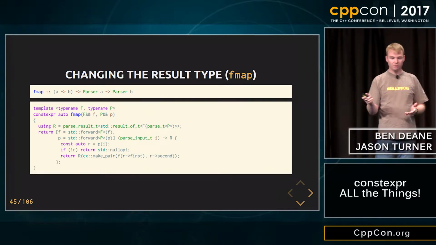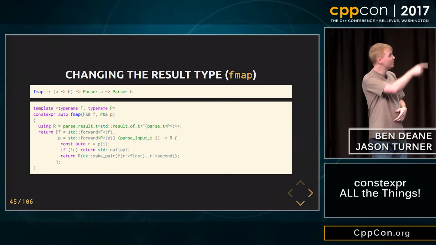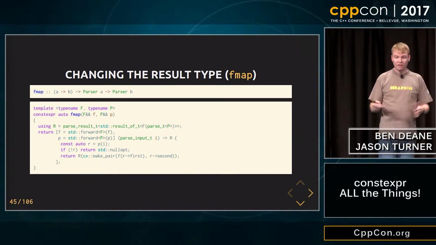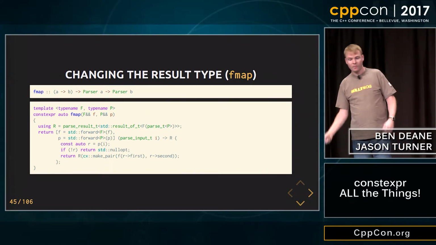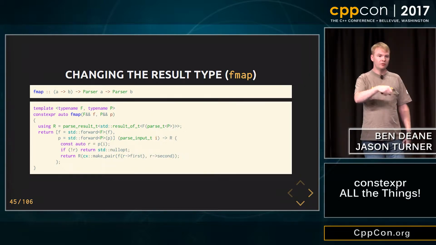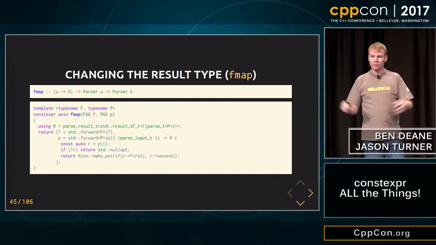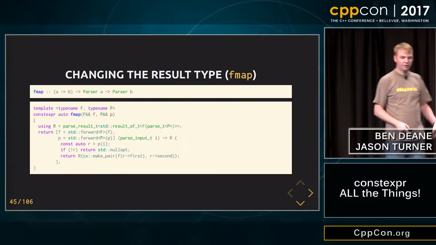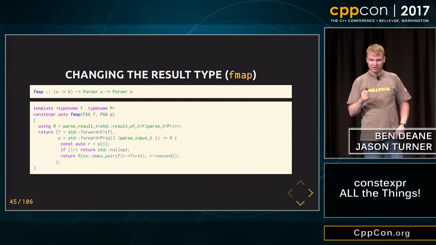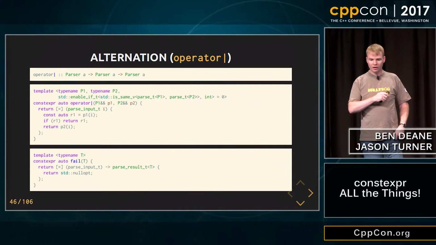We run the parser that you can see on this line. If the parser fails, then we have to fail. But if the parser succeeds, all we do is run the function on what it produced, wrap that back up in our thing and rest of string, and return that. So that's fmap.